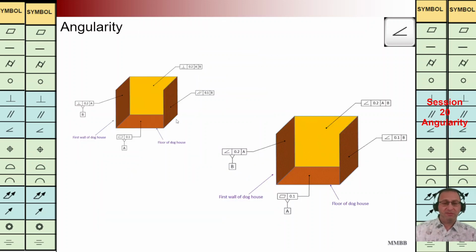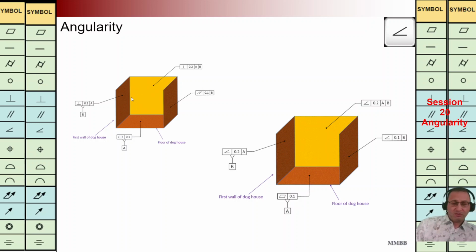Here we are going to have a classic example. We have plane A. It is qualified with flatness 0.1. We have plane B. It is perpendicular to A, and the TZ for perpendicularity is 0.2. We have this yellow one. It is perpendicular to A and B, and the last one on the right hand side is a plane parallel to plane B with a TZ of 0.1.